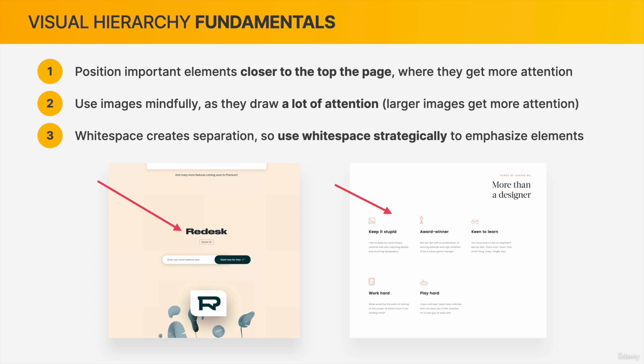Now, I don't mean, of course, that you should always surround everything with this much whitespace. Just follow the rules that we learned previously about whitespace and you're going to be fine. The point here is just that we can use whitespace strategically in order to make important elements stand out.